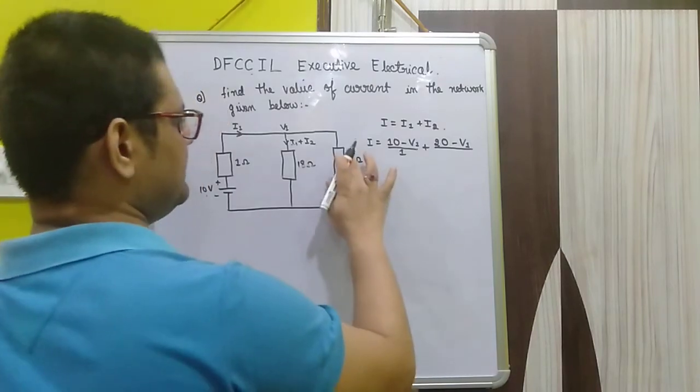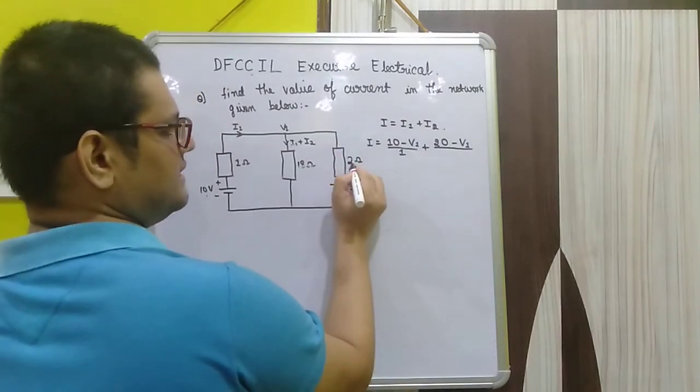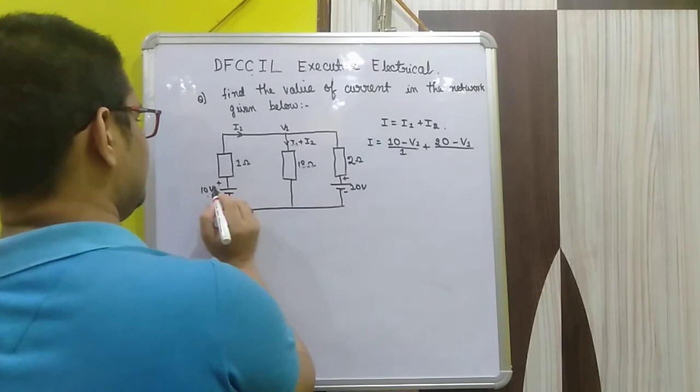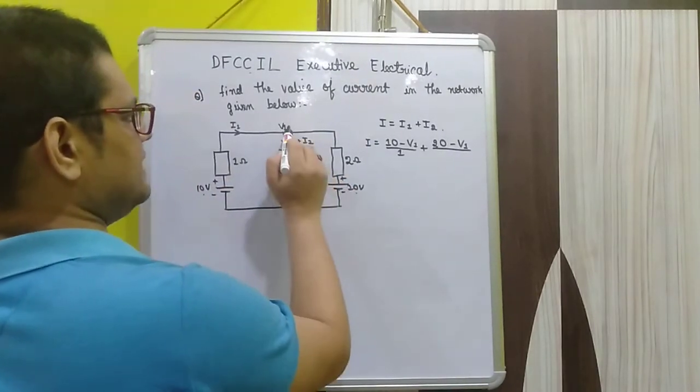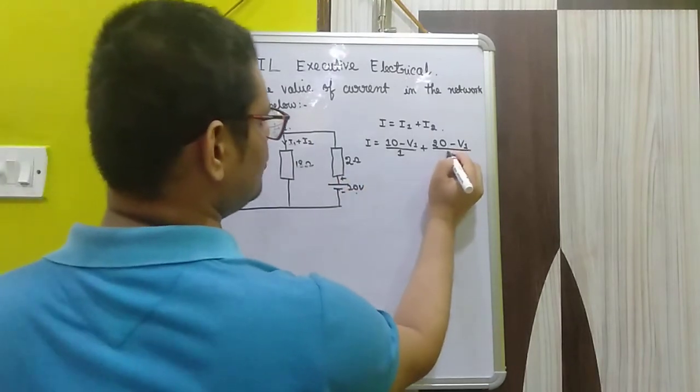I'm sorry, I made a mistake in the question. It will be 2 ohm. It's a 2 ohm resistance, and this is a 1 ohm resistance. So this is 20 minus V1 divided by 2.